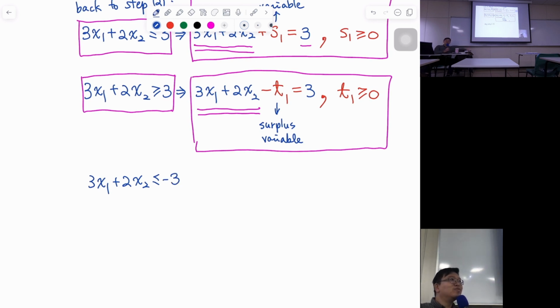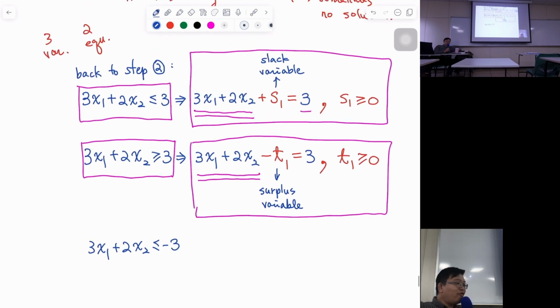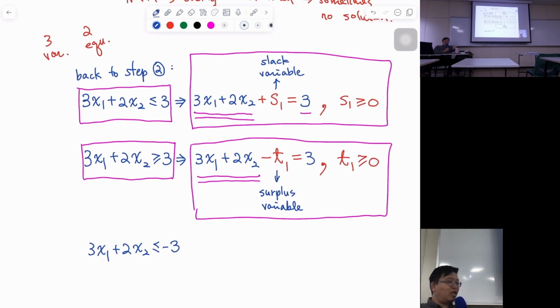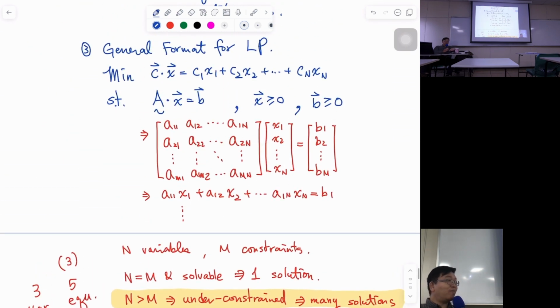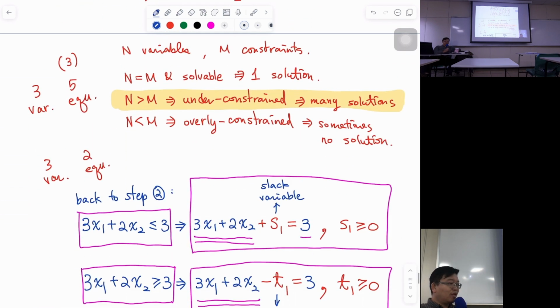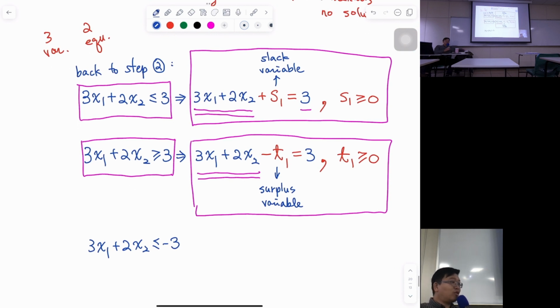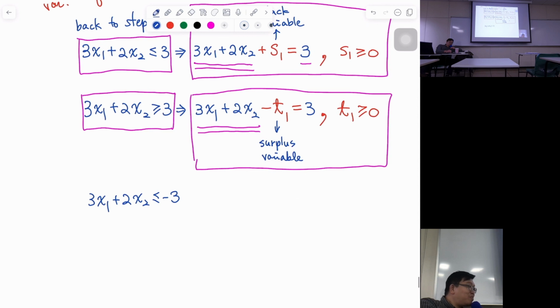What do you do? Because if you follow what we introduced earlier and introduce slack variable over there, then on the right-hand side of the equation is going to be negative. We want the b's to be positive, right? So you can easily multiply by -1.